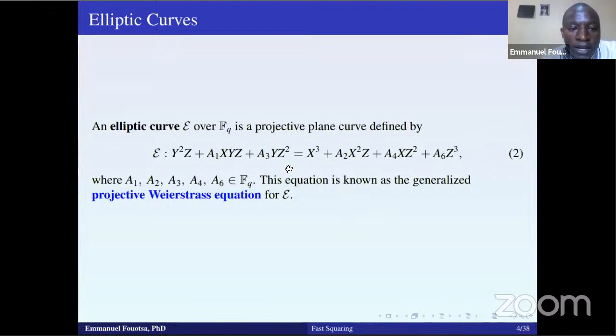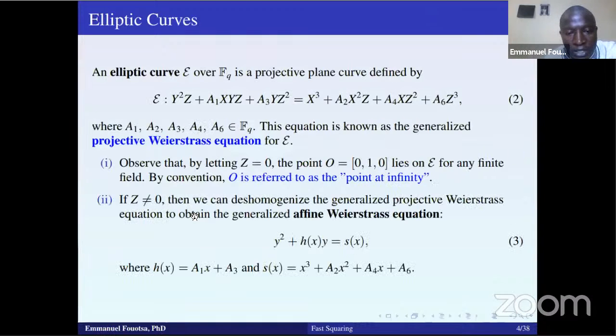What we call an elliptic curve over a finite field is just a plane curve with a projective equation given like this, with coefficients belonging to the finite field. This equation is in general known as a generalized projective Weierstrass equation.